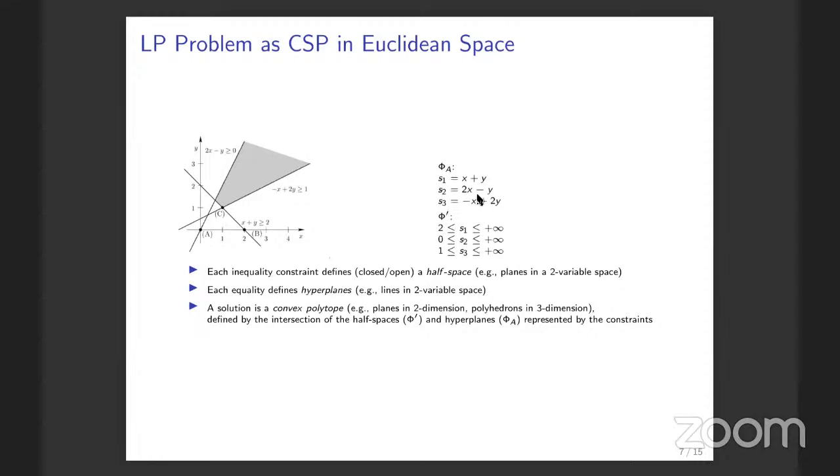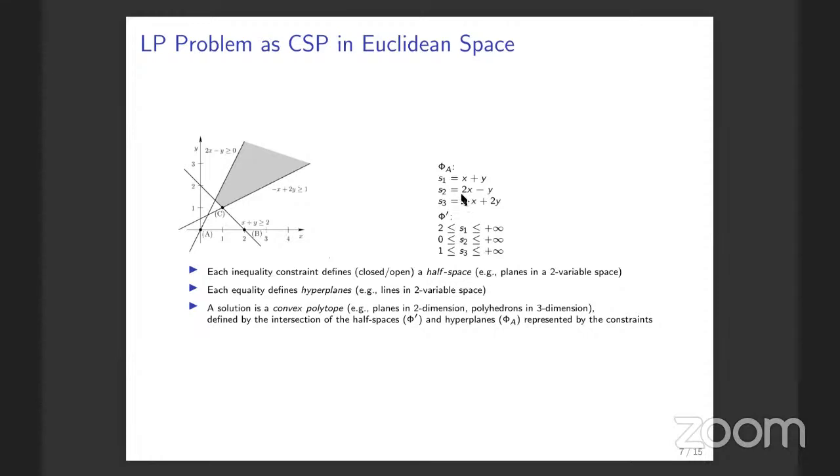That's what these inequality constraints, denoted by phi prime, denote in the geometric space. And each equality defines hyperplanes, which in a two-variable space are lines. A solution is defined by the intersection of all the half spaces and hyperplanes.